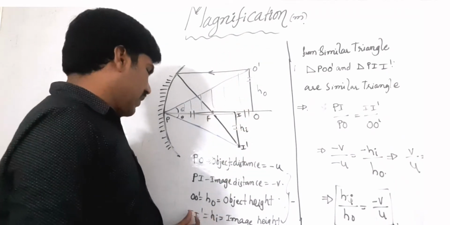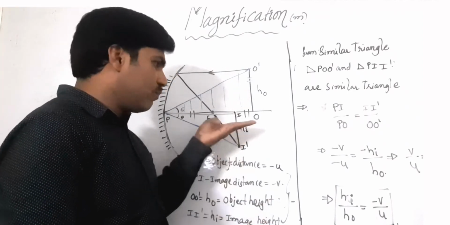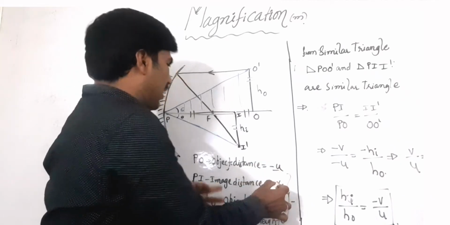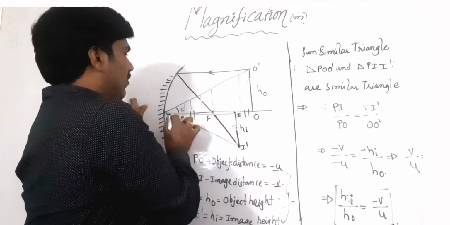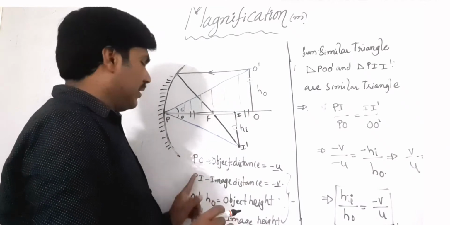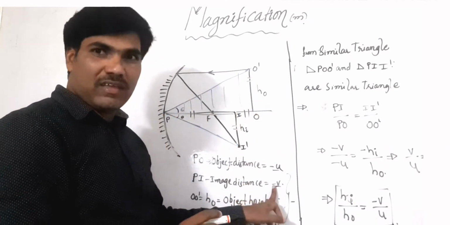And II dash is taken as negative because it is below the principal axis. Why are minus V and minus U taken? This is the incident ray, but our observation is taken from P, so PO is minus U, and PI is opposite to the direction of the incident ray, so it is minus V.